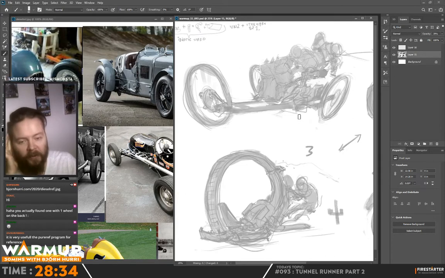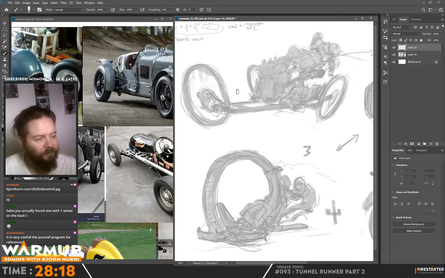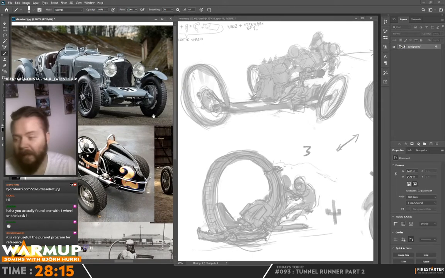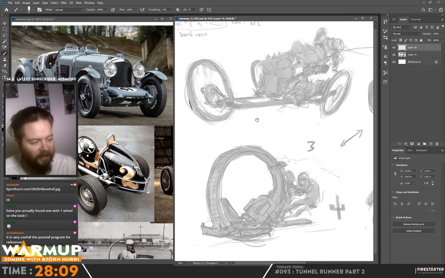The PureRef program for references. True. I don't know how it works, but usually I send the reference to the client in arranged pieces. Like I've done this with a lot of my clients. And let's say I take reference from the reference board, picture 2, 5, 6, and 8.